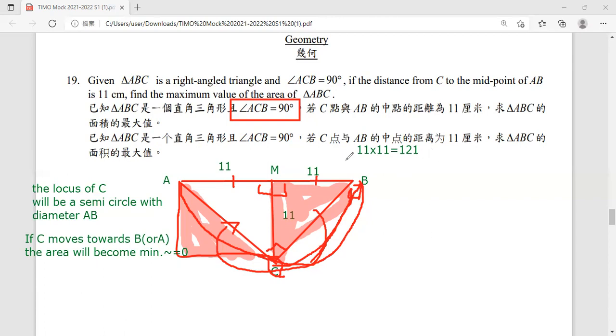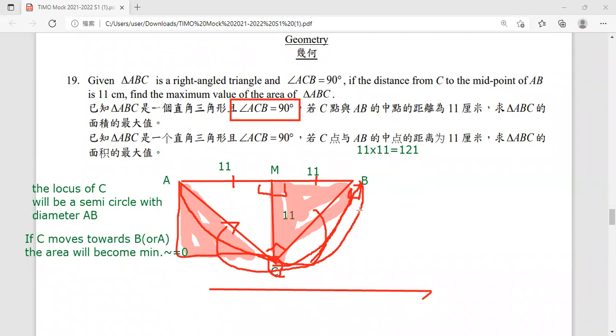Any questions? Yes, it becomes 0. If you drag C towards A or B, it will become something like this one.